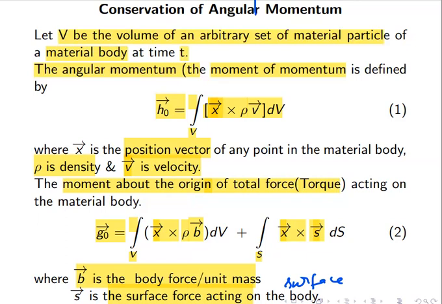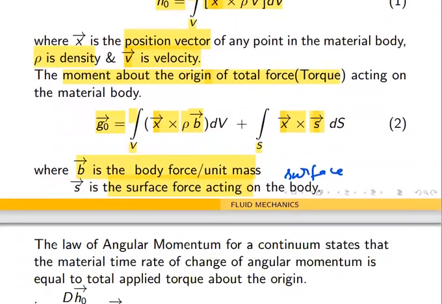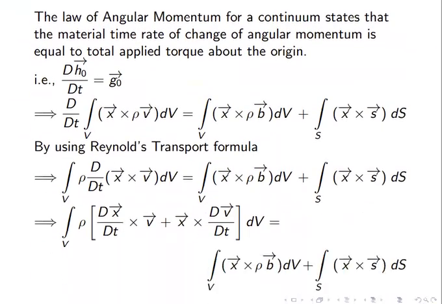The law of conservation of angular momentum for a continuum states that the material time rate of change of the angular momentum is equal to the total applied torque about the origin.